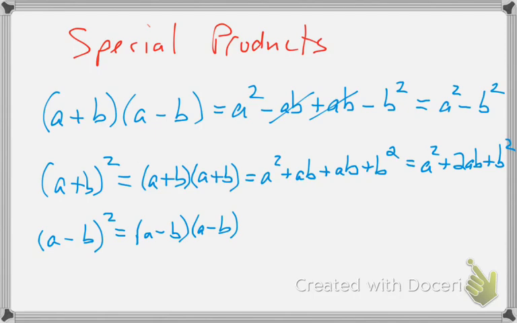If we FOIL it, your first would be a squared. Your outside, a minus ab. Your inside, also a minus ab, right? And then your last would be, yeah, because negative b and negative b would make a positive b squared. You guys agree? So you get a squared minus 2ab plus b squared.